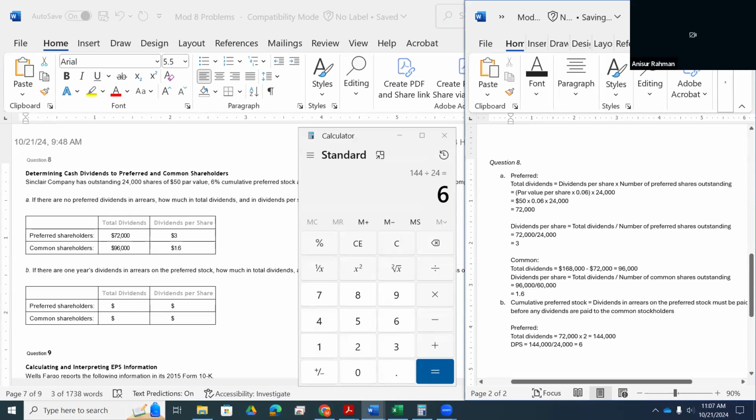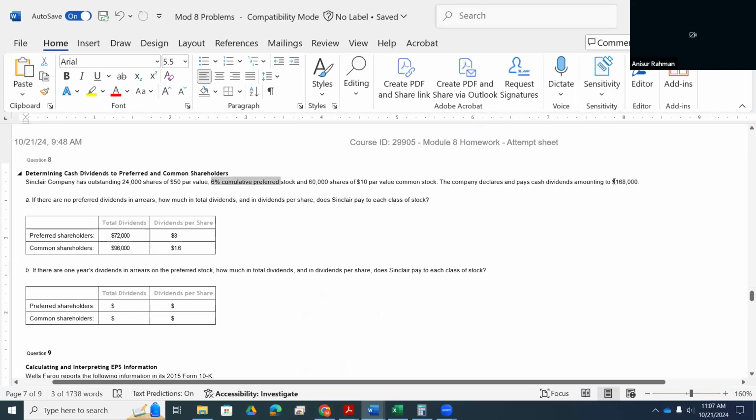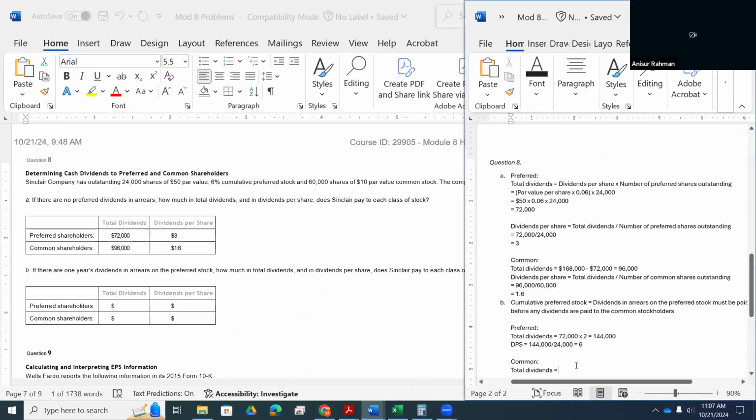And for common, so total dividends will be, as before, total dividends paid during the year, 168,000, subtract the total dividends paid to preferred stockholders, which is 144,000.